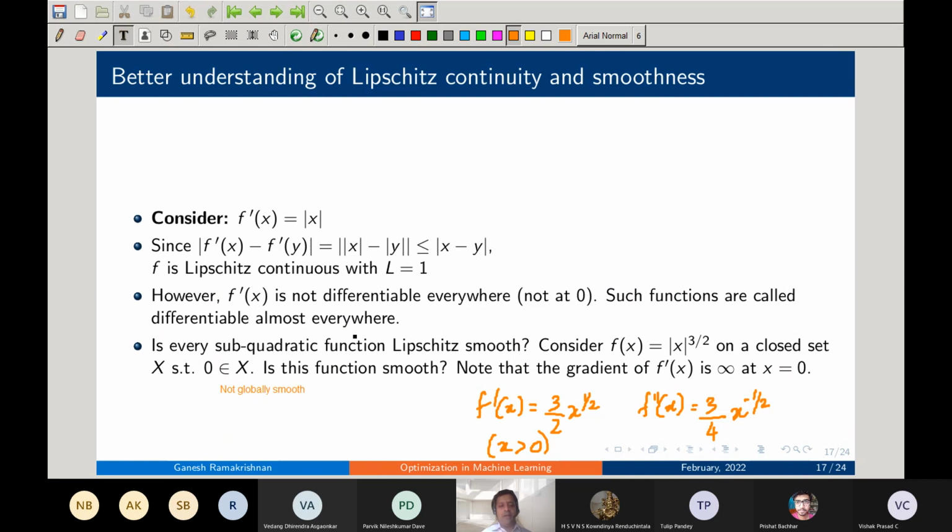It's also not smooth if 0 is in the domain. But it's smooth in a bounded and closed interval which is not containing 0. Why is bounded and closed required? I'd like you to think. Not containing 0.